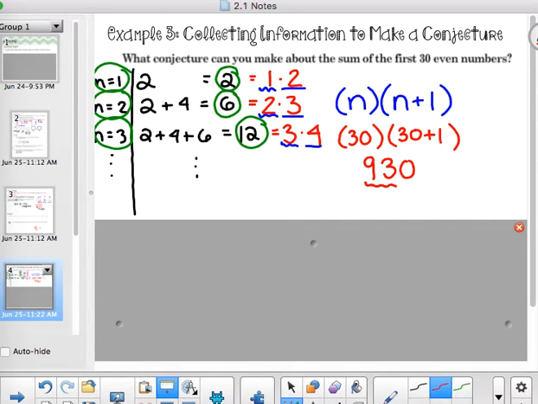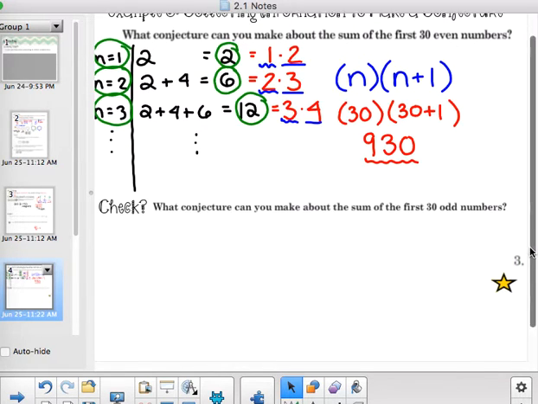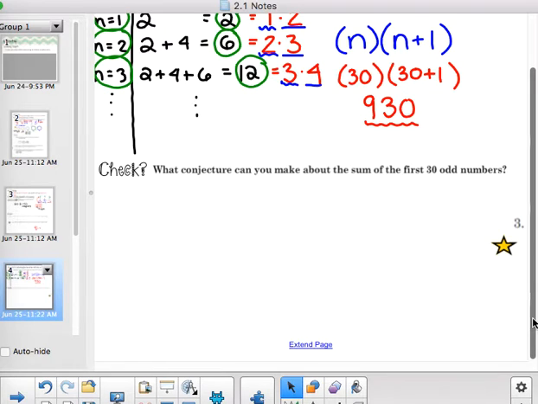So my conjecture is that the sum of the first 30 even numbers is going to be 930. All right, yours is tricky. Fair warning, it's a challenge. What conjecture can you make about the sum of the first 30 odd numbers? Try using the strategy we just did above, where we list out the terms and try to create an equation relating it to its n value.